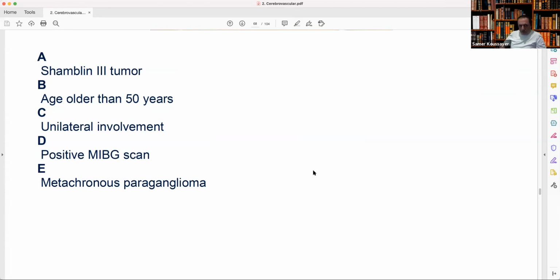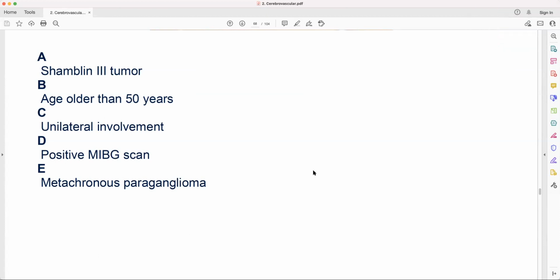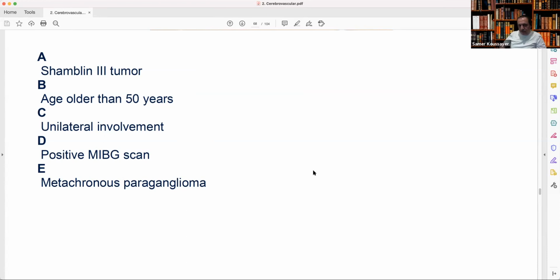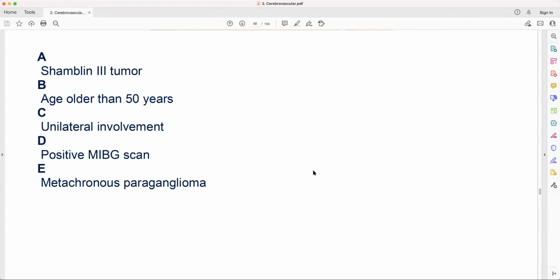Anything you see in old people, you expect it to be normal. So really, when you see it at age 50, you don't have to say genetic, but if the patient is 30 years old or 20 years old and has a carotid body tumor, this should trigger your brain that we may have a familial paraganglioma, and then we have to do genetics. So older than 50, I don't think is a good choice. Okay. Yes.